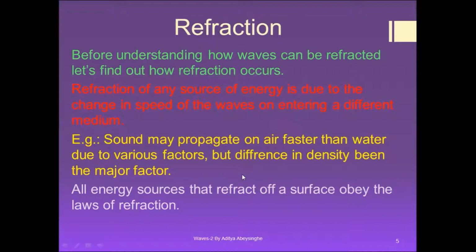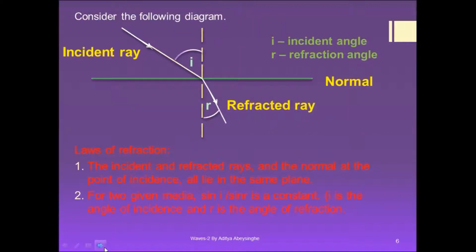So this is another analogous situation in which we see the analogy between light and mechanical waves in the concept of refraction. This is what I was talking about so far. We have an incident ray like this, with an incident angle i, and this is the interface. We produce a perpendicular here, which is the normal.